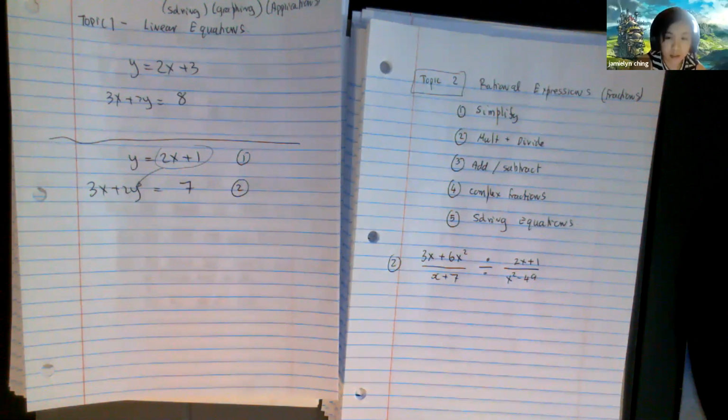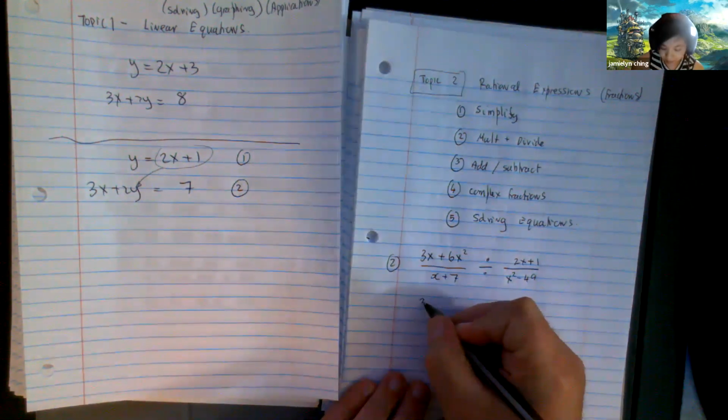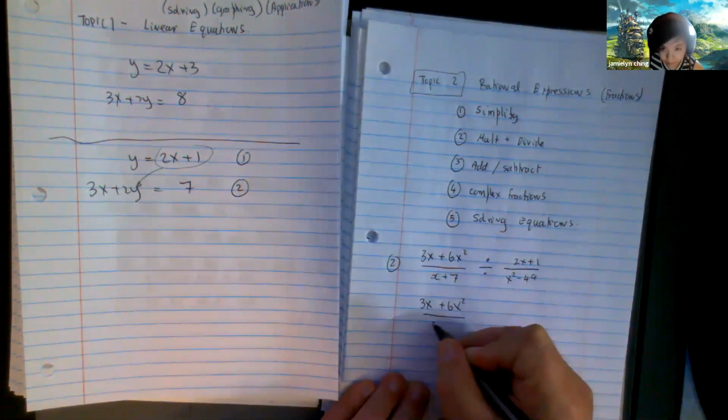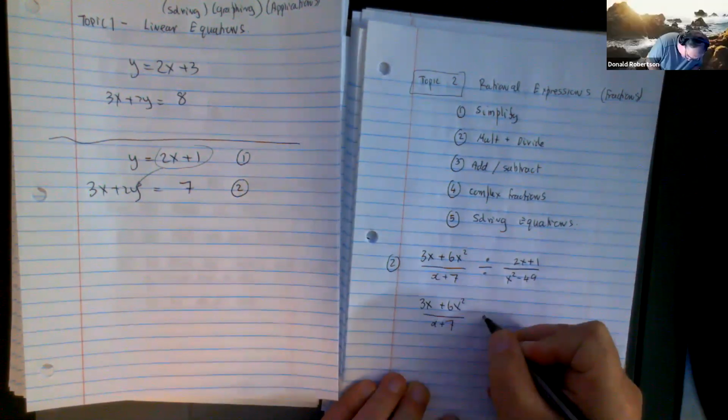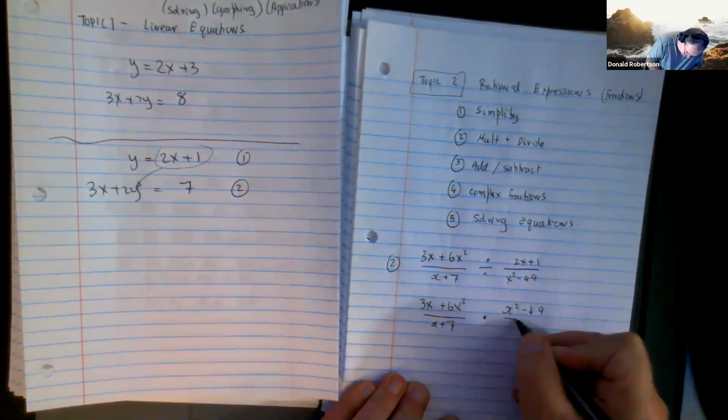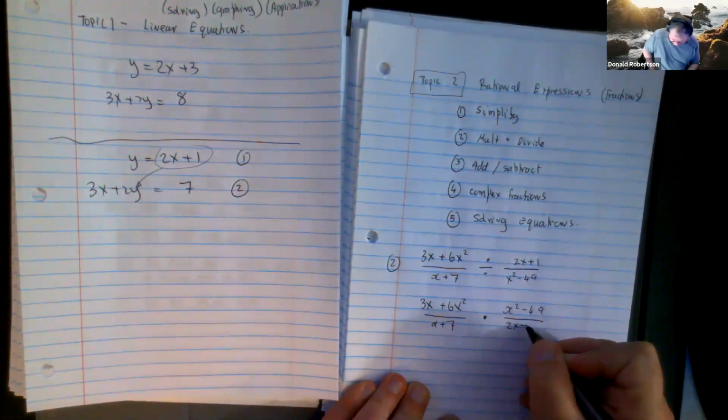Can you remember the process that you'd use to do this? How would you go about dividing those two fractions? You had to flip it. Okay. And the fancy jargon for flipping it is reciprocal. So when you do the reciprocal, it looks like that.